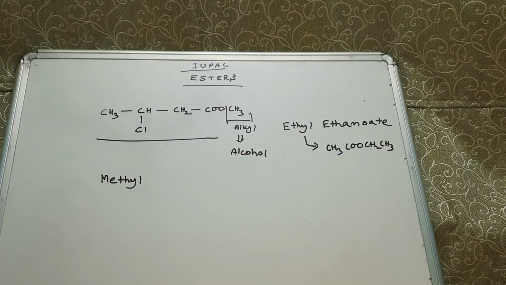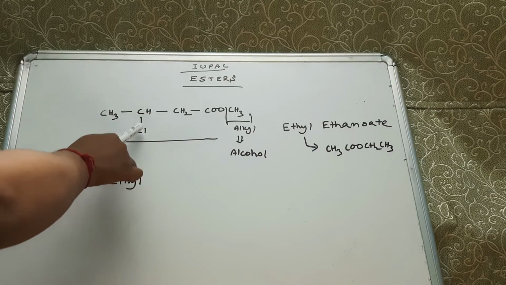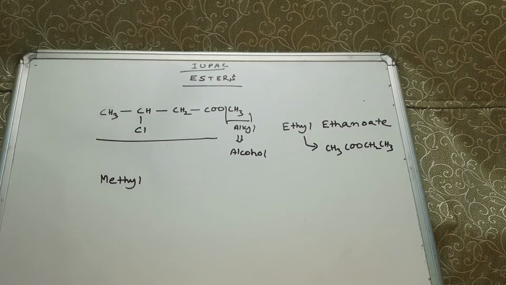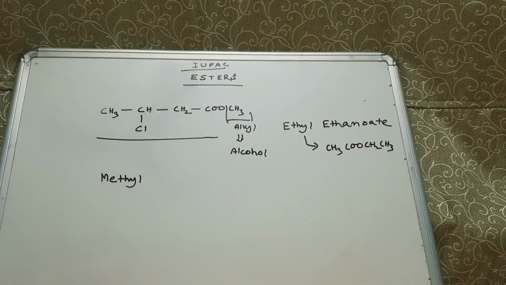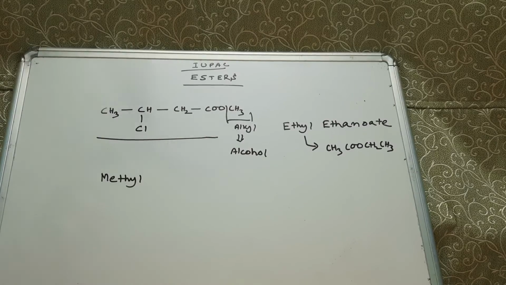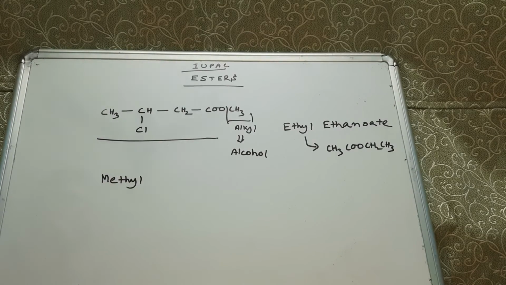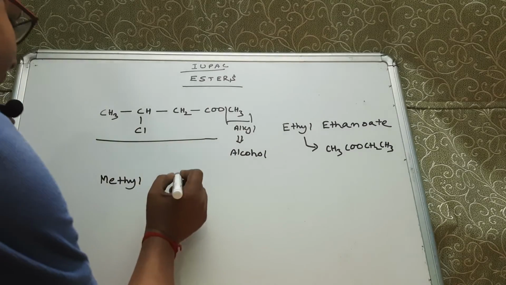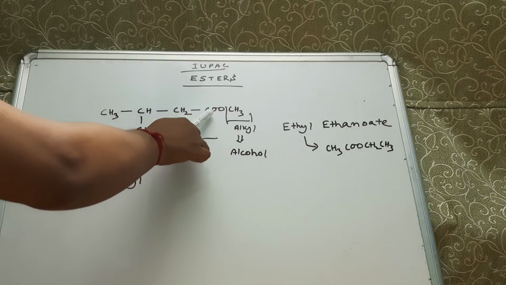But in the carboxylic acid part there is a substitution, chlorine. So as there is a substitution, you should number the carboxylic acid part. So from where will the numbering start? The numbering will start from the carboxylic group.